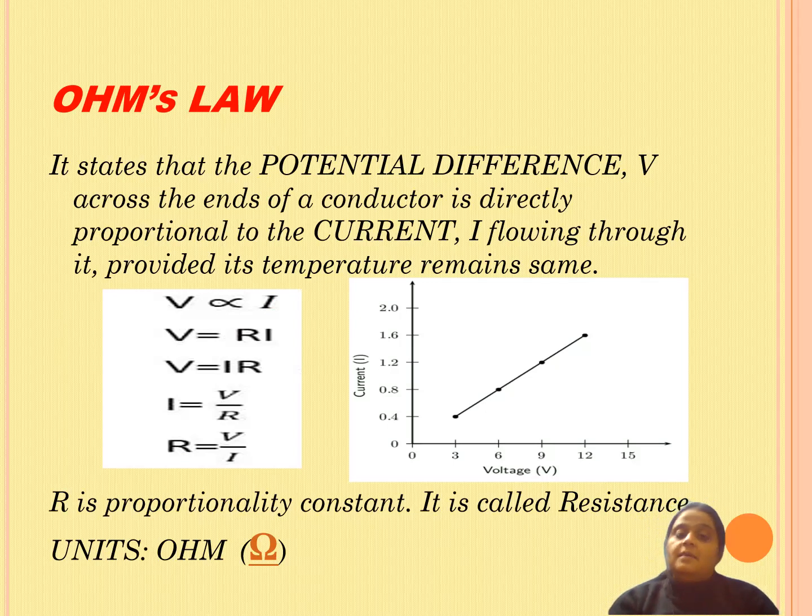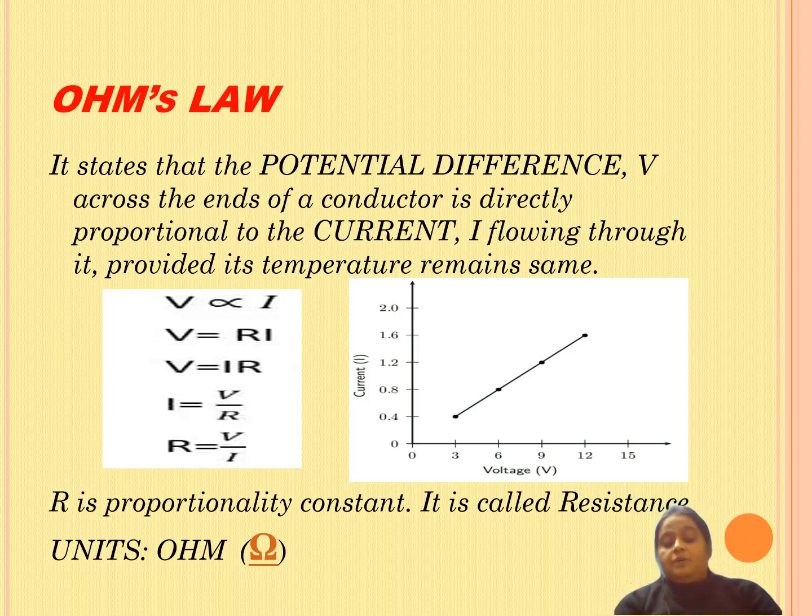As you can see, the mathematical expression is V directly proportional to I. Whenever we have to remove the proportionality sign, we always have to introduce a constant, the proportionality constant, so that V equals IR, where R is the proportionality constant in this relation, known as the resistance of the conductor. So we can write I equals V upon R, and R can be rewritten as V upon I, the ratio of V and I.